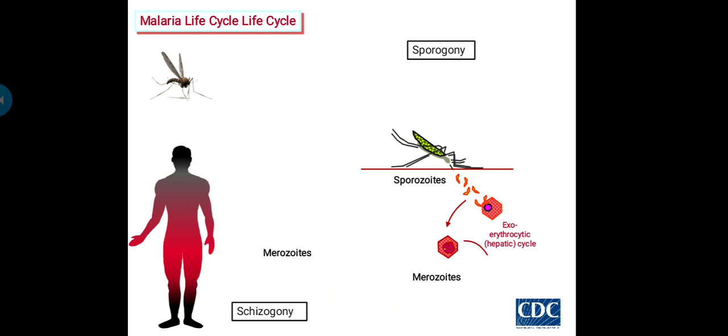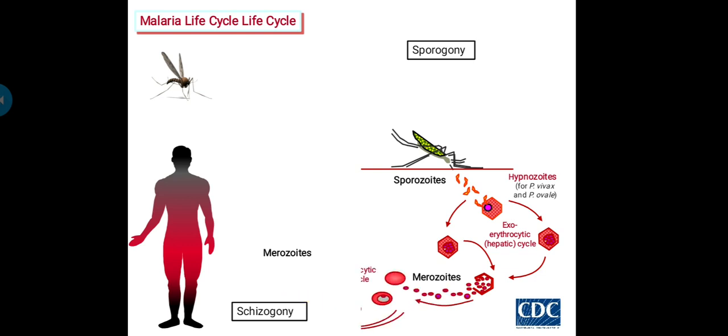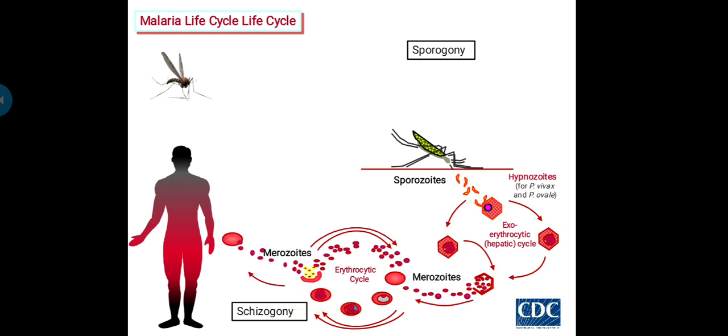After that, merozoites are released from the liver, and some of them infect RBCs, but some remain in the liver as hypnozoites, mostly for Plasmodium vivax and ovale, but not for falciparum. The merozoites enter the erythrocytic cycle, and then some are converted into gametocytes, which are present in the circulation.